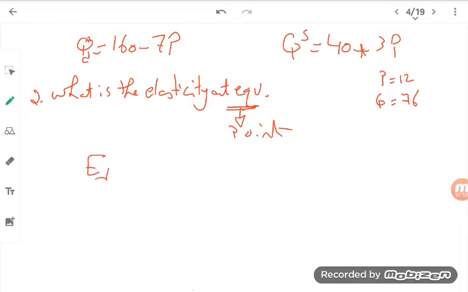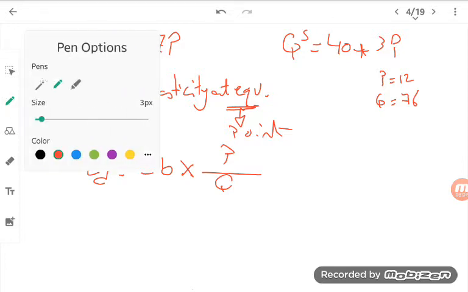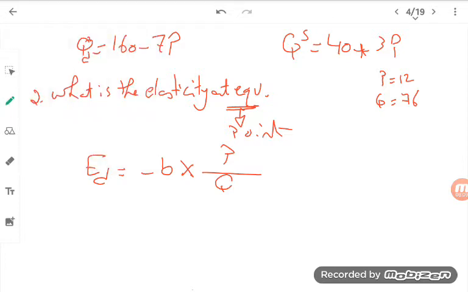As a result, E equals negative B multiplied by P over Q. From the equation, negative B is negative 7 multiplied by 12 divided by 76.